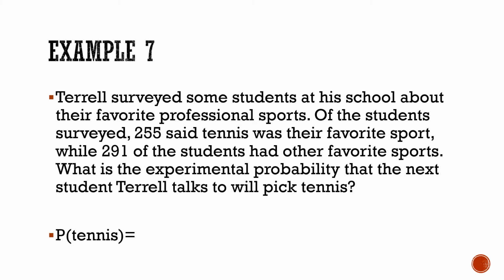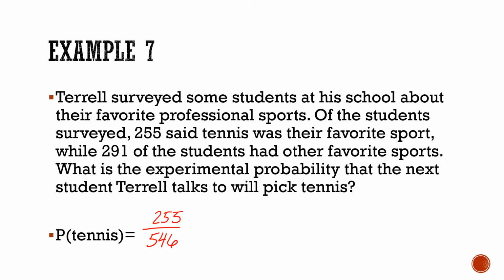So it says 255 said tennis was their favorite. So 255 out of how many? So 255 said tennis, and 291 said that it was some other sport. So to find your total, you're going to have to add 255 and 291, which is 546.